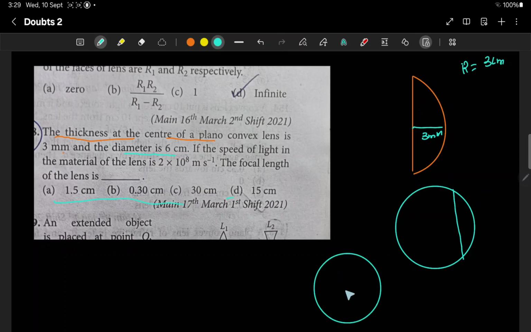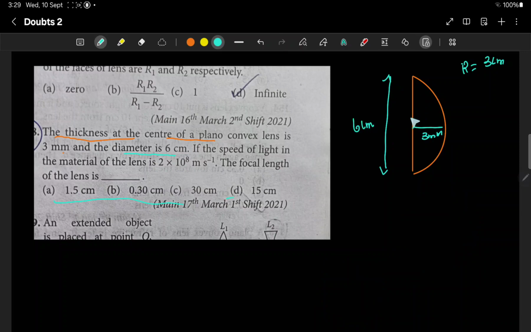So here this diameter is given as 6 centimeter. This you have to imagine. Now let me write it here. 6 means if I divide exactly half, this will be 3 centimeter.